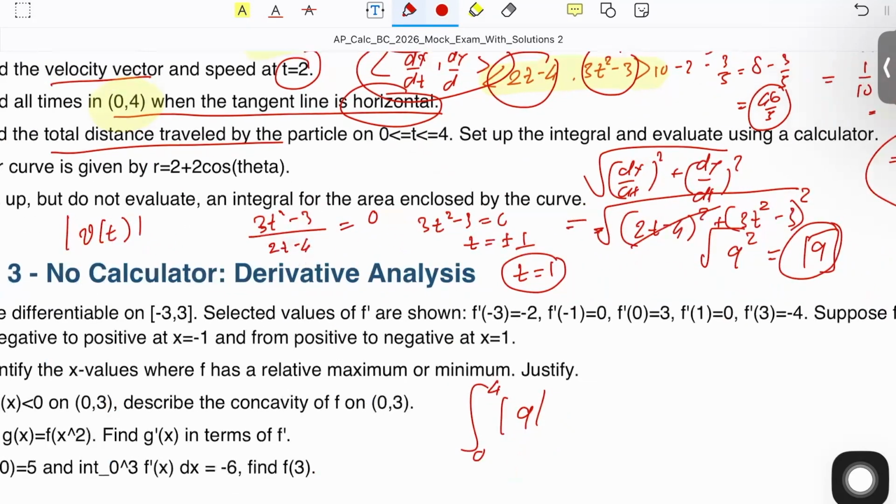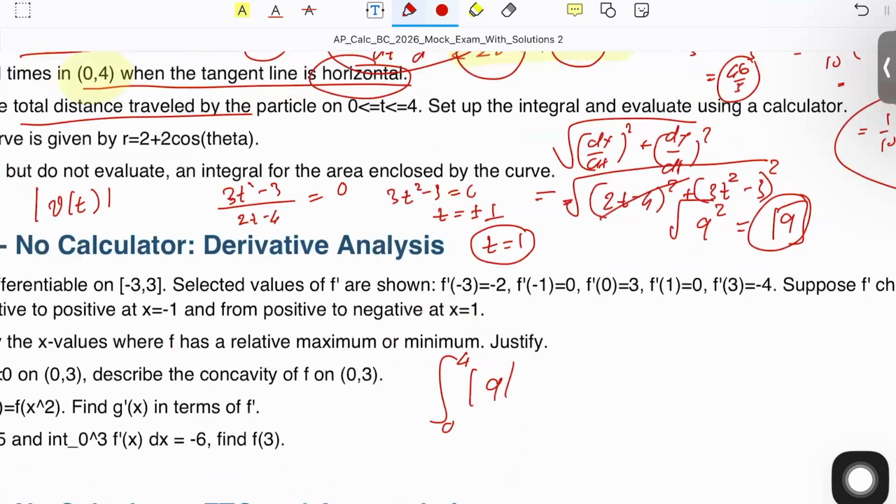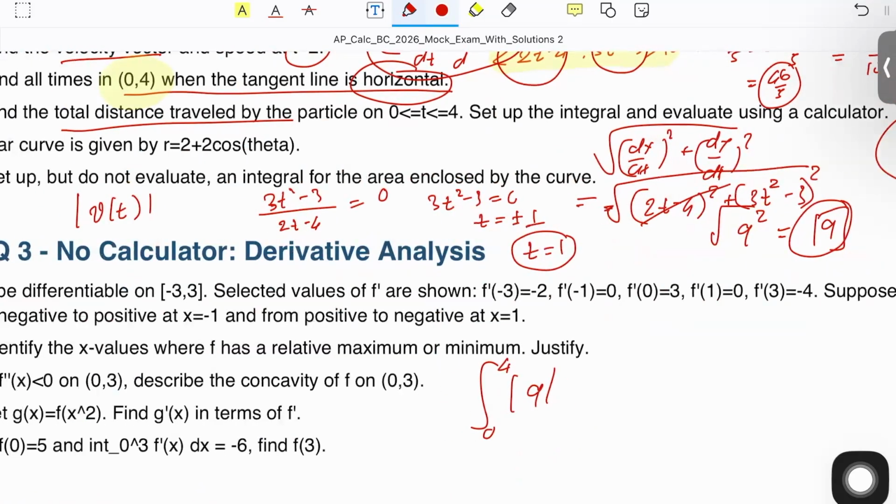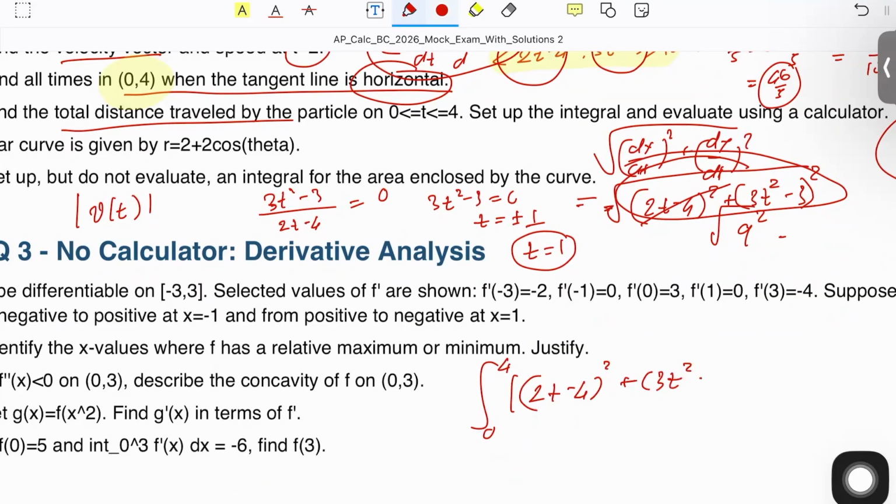Oh, you don't plug in the 2 though, not 9. You plug in this: (2t minus 4) squared plus (3t squared minus 3) squared, so dx over dt squared plus dy over dt squared, under the square root. That is speed.